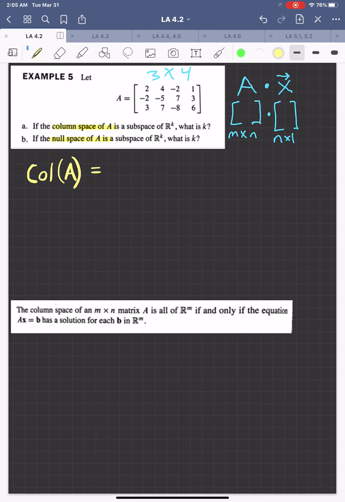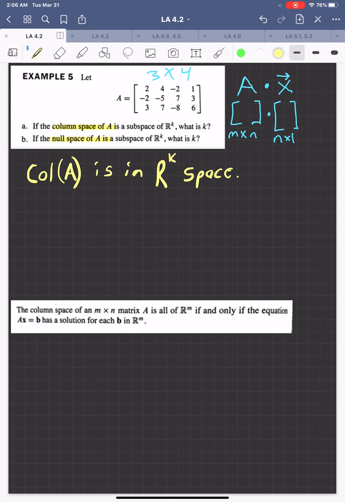is going to be in RK space, right? So it could be in two-dimensional space, three-dimensional space, and so forth.